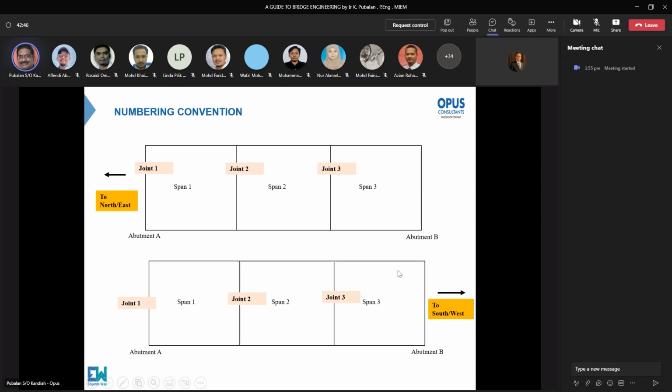So the first bridge joint towards the north side is known as joint number 1, joint number 2, joint number 3. And then you have span 1, span 2, span 3. You look here that when the first joint is named based on the direction towards north or east, in correspondence, the adjacent joint at the other bound will also become joint number 1. Right?